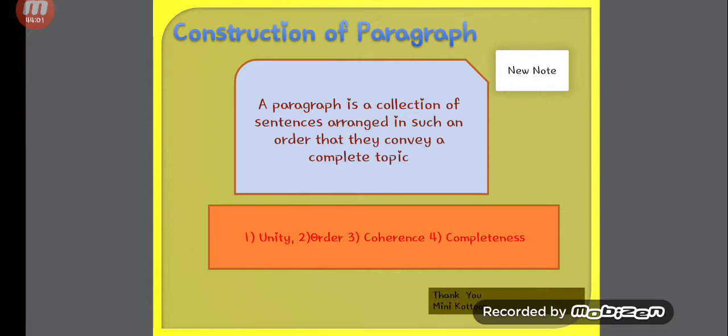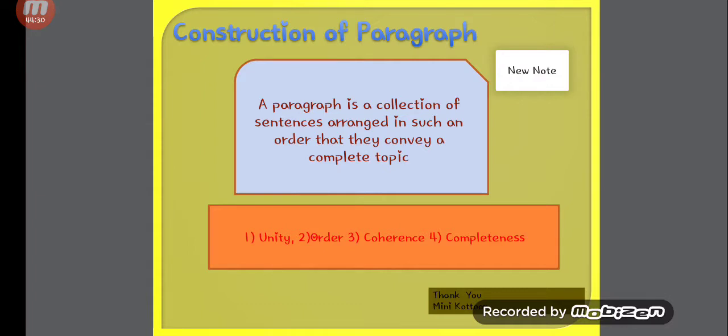It conveys a complete topic information. Essential elements of a paragraph are: unity, there should be an order, coherence should be there, and completeness should be there. The ideas should be expressed within the topic. There should be unity.